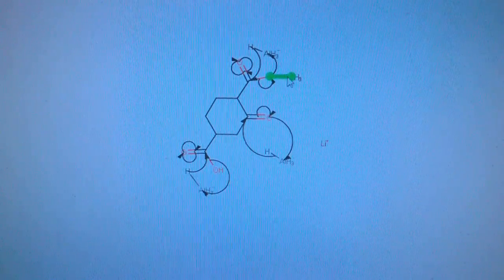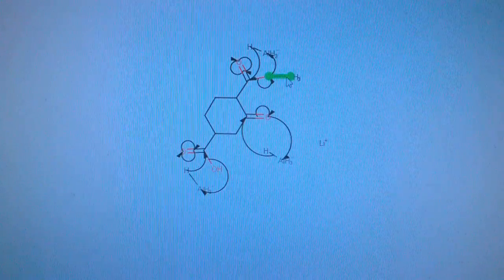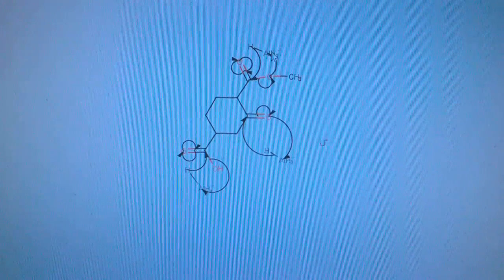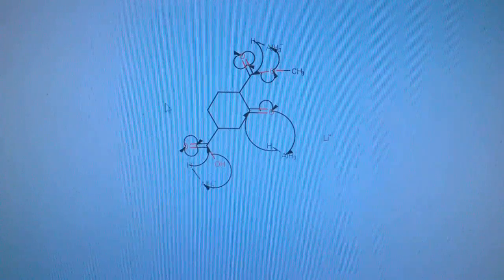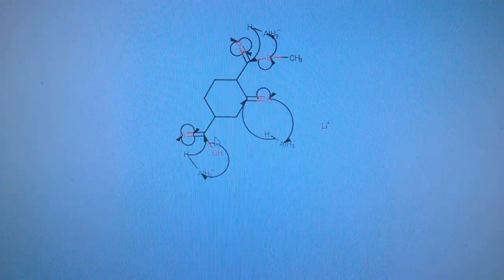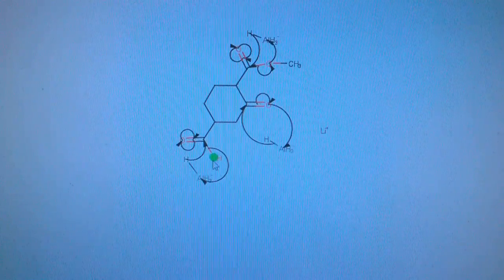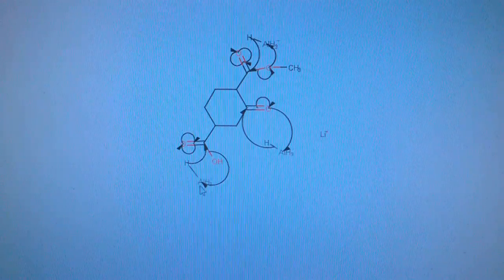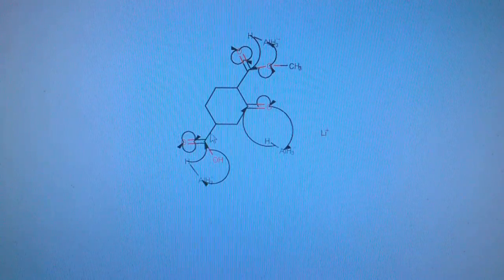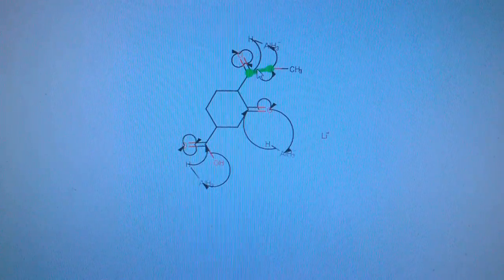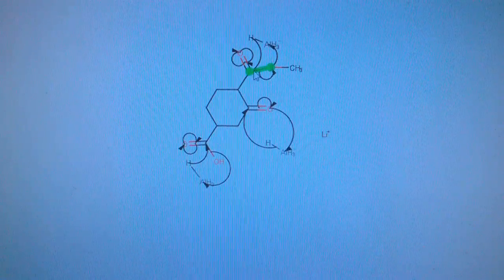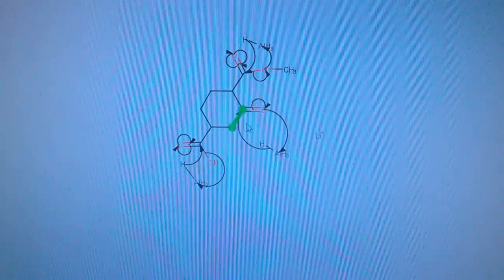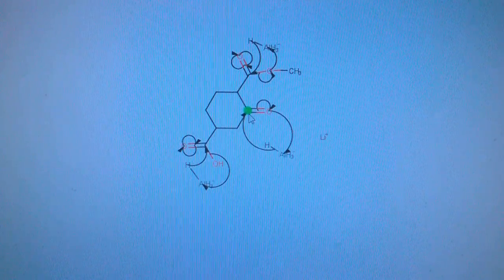For the ester, this is a deprotonated methanol, which will latch on to our reducing agent, and down here we will simply have an alcohol group as leaving group, which will latch on, and it'll leave behind an aldehyde, which will react in the same way as the ketone and reduce to an alcohol.